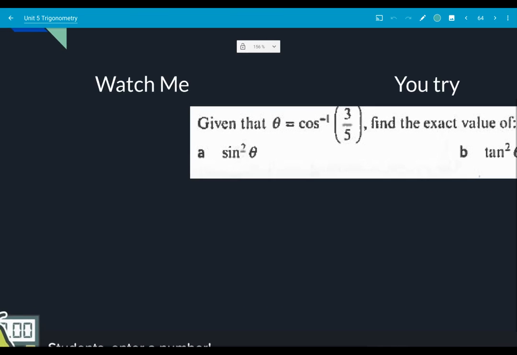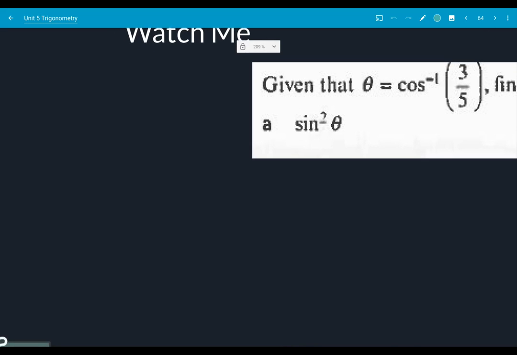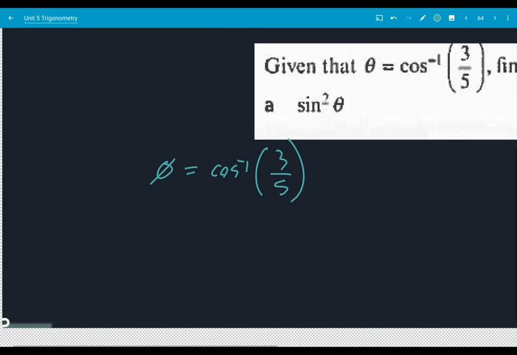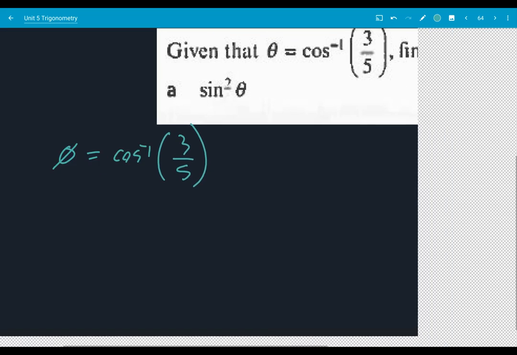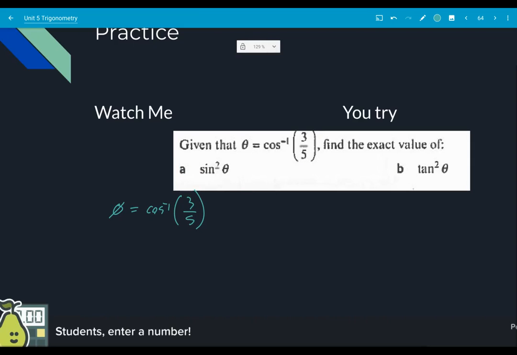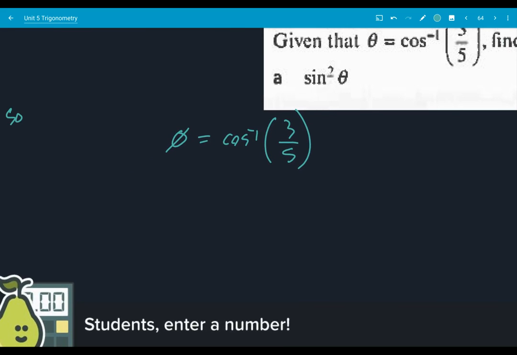So let's try this. We have that theta is equal to cosine inverse of 3/5. We could just put that into our calculator and get the value of theta, except this particular problem wants an exact value. So we have to think back to SOHCAHTOA.